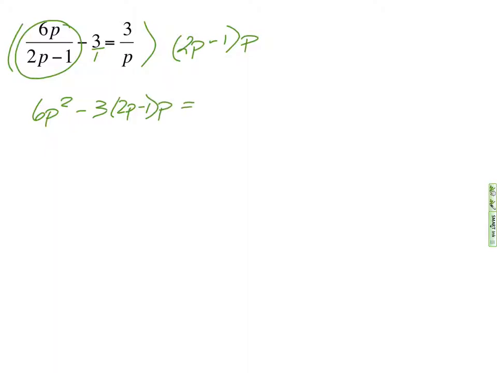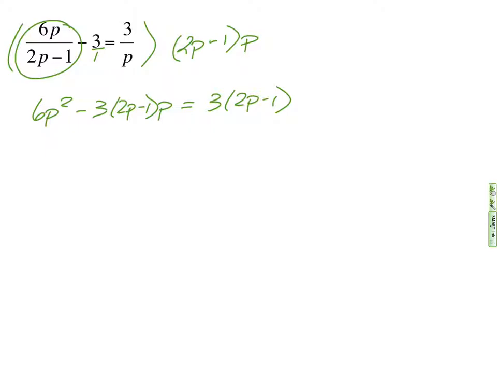So that means both of those things remain. On the other side, what cancels? The p does, and that means I've got 3 times 2p minus 1. You've got to make sure your denominator cancels. If your denominator doesn't cancel, you did something wrong when you found your common denominator.